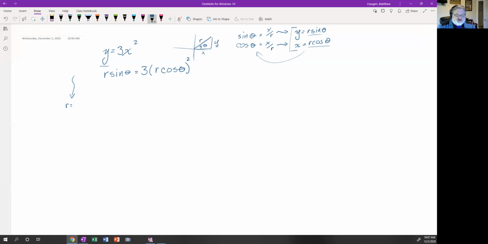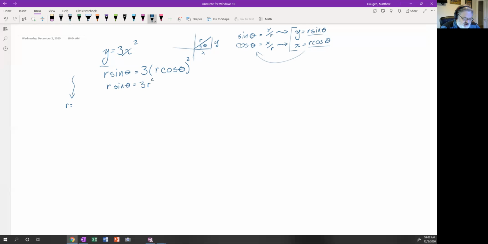A great example is a circle. A circle in Cartesian coordinates isn't a function. But in polar coordinates, not only is it a function, but it's a very simple function. But we do still have to somehow solve this for r. Algebraically, we should be able to work that out. Sometimes it's harder than others.